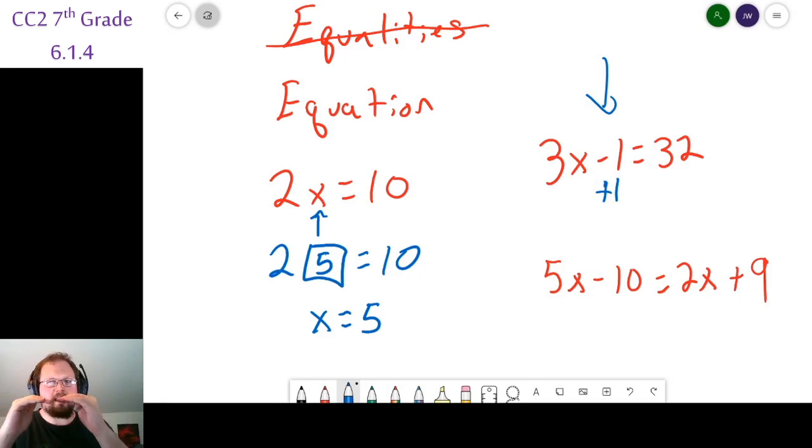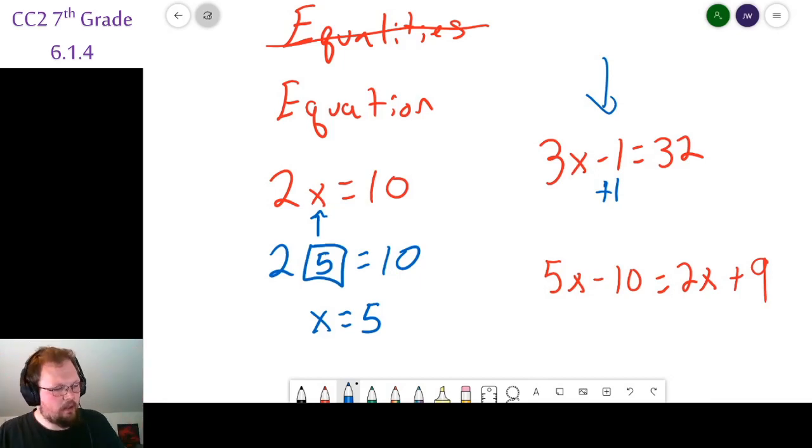It's a balancing act. If I remove a negative 1 from one side, I have to do the exact same manipulation on the other side.